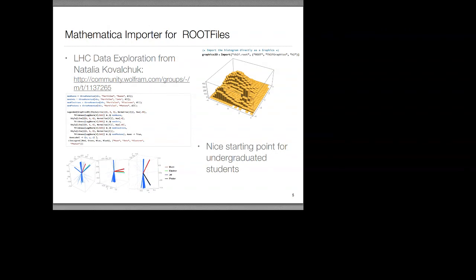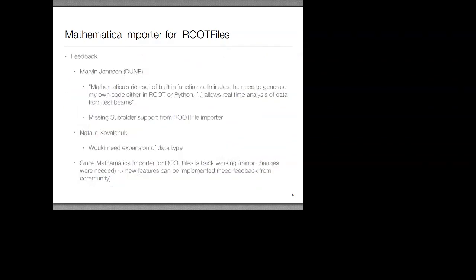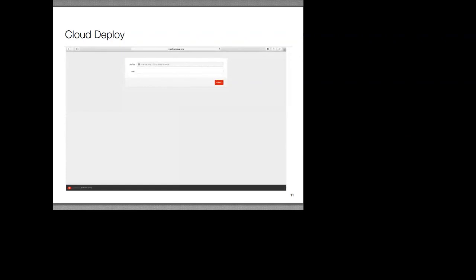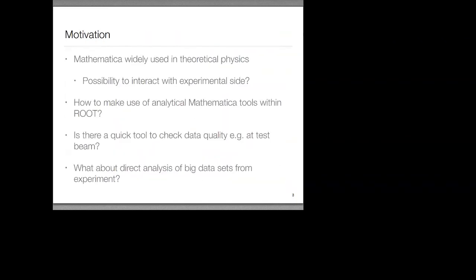So, other questions or comments? I had one about this data format that's similar to HDF5. Can you say more about what that is and how easy it is to get data in and out of that format? Sure.